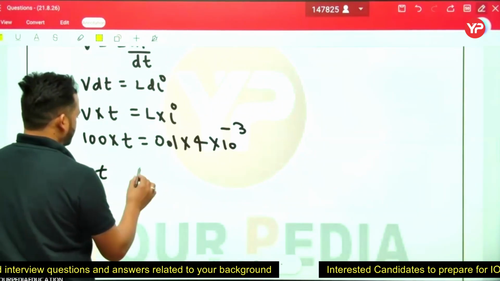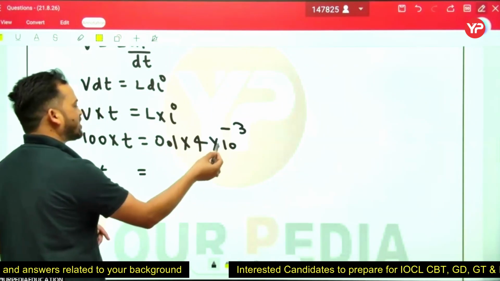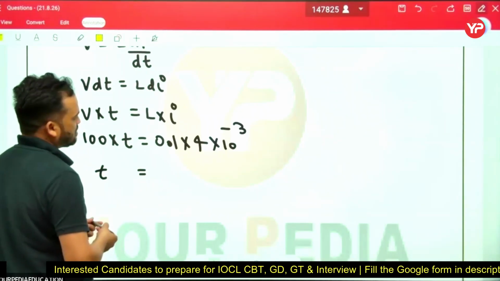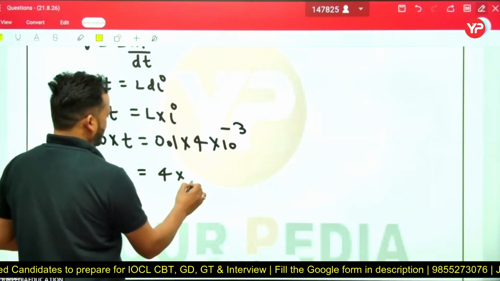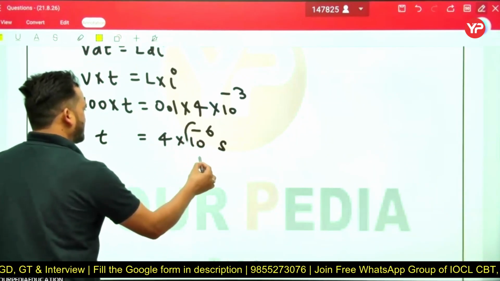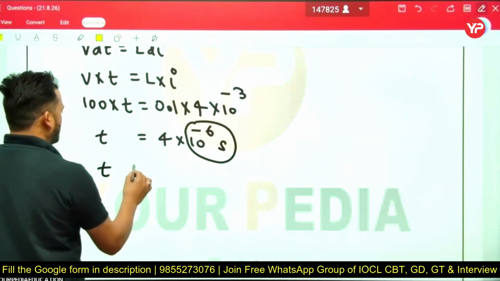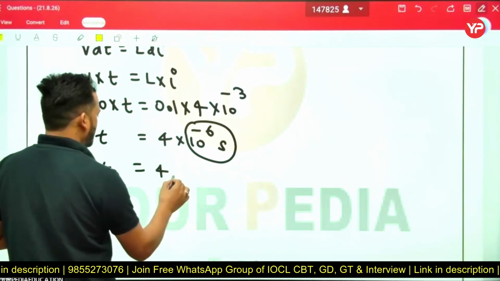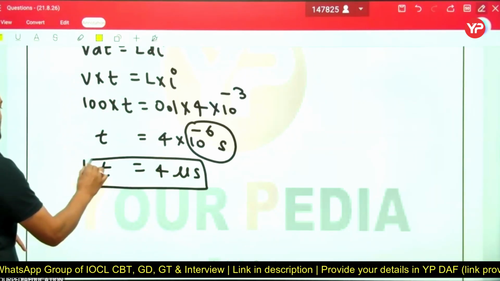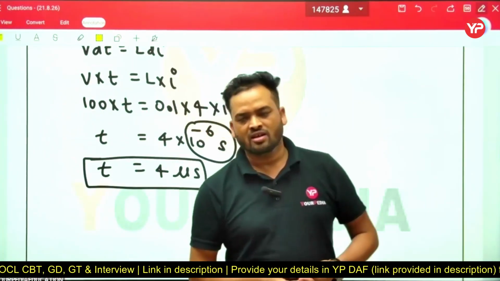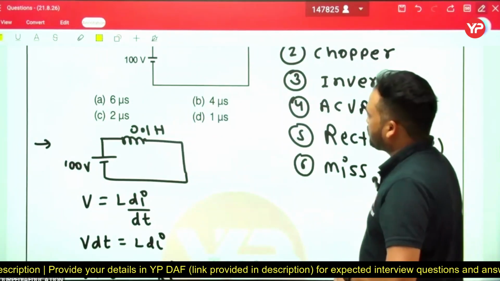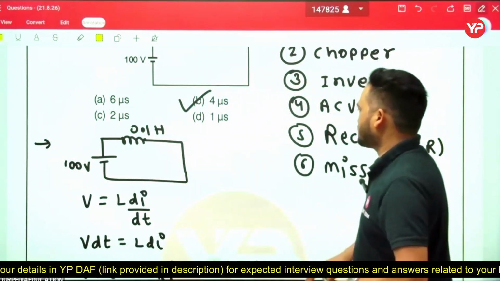Now T equal to 0.1 into 4 into 10 to the power minus 3 divided by 100, which is 4 into 10 to the power minus 6 second, and 10 to the power minus 6 second is micro. So 4 microsecond is the pulse width required to turn on the SCR. This is the procedure for finding the pulse width.